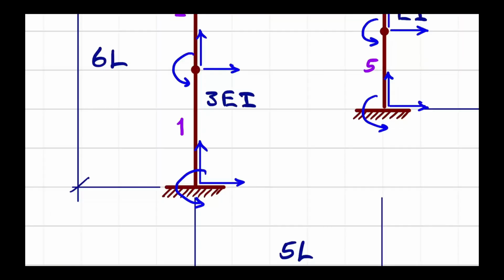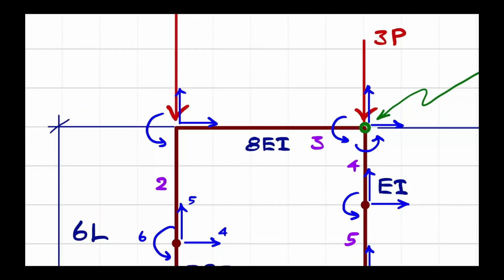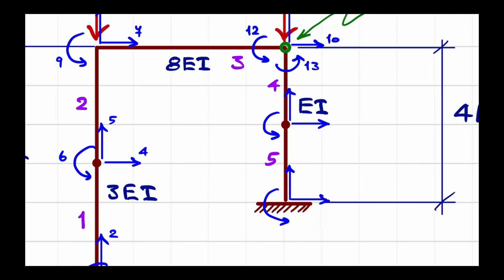So 1, 2, 3, 4, 5, 6, 7, 8, 9, 10, 11, 12, 13, 14, 15, 16, 17, 18, 19.